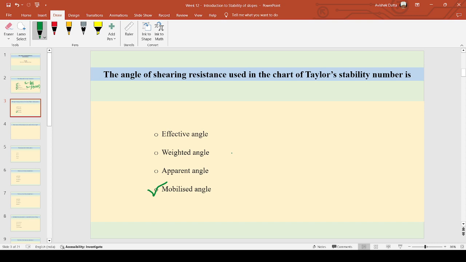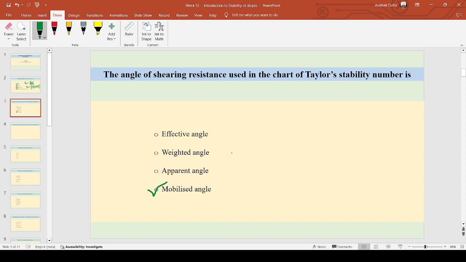So the angle of shearing resistance, or the entire friction, gets mobilized, gets used up in protecting the slope against the applied shear stress. The resistance to stability is mainly given by the cohesion. So yes, the angle of shearing resistance used in the chart of Taylor stability number is the mobilized angle. Effective angle is when we subtract the pore pressure and then we get the effective pressure, effective angle.